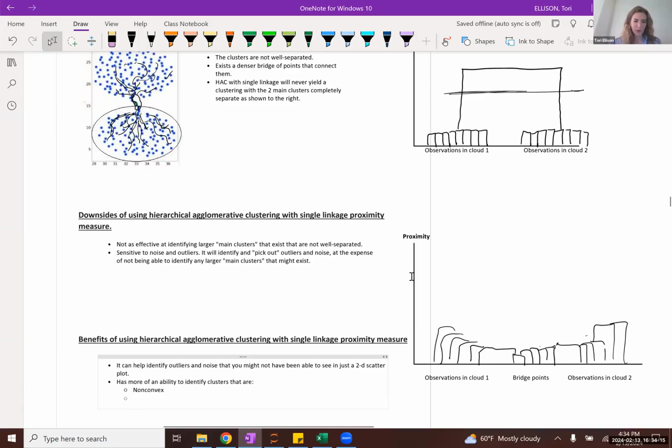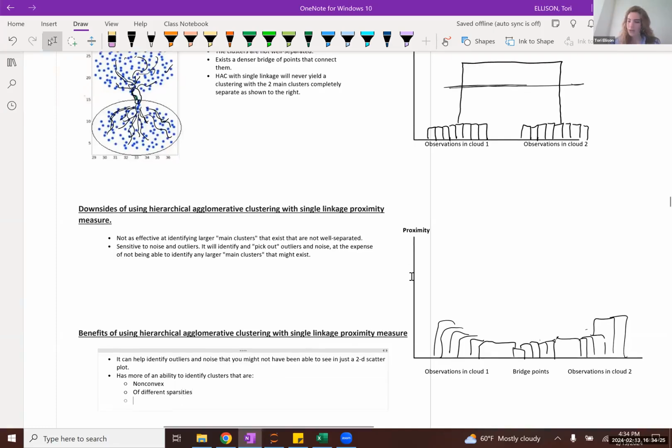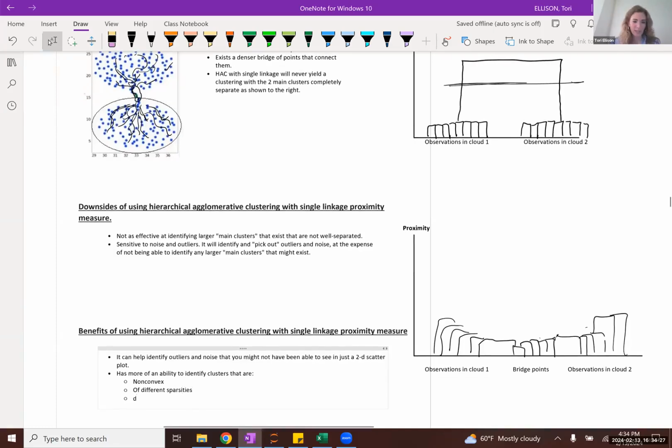In addition, it also has more of an ability to identify clusters that are of different sparsities, and also those that have a different number of objects in them. Okay, so that's pretty cool.